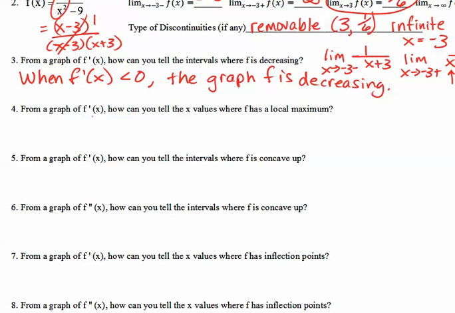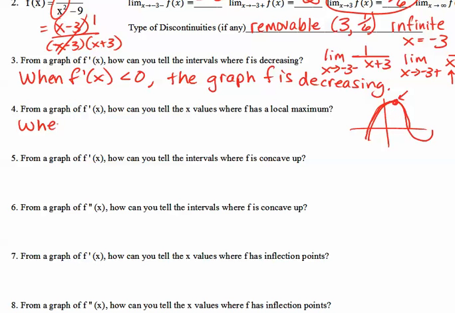From a graph of f prime, how can we tell the x values when f has a local maximum? Well, let's think of a simple example here. When f is rising and then falling. So in other words, f prime is positive and then f prime is negative.